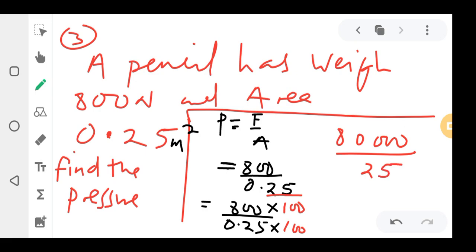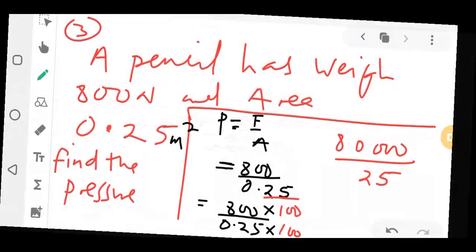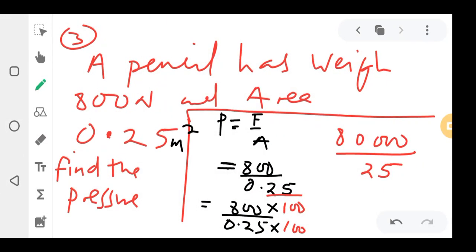Okay, how many times does 25 go into it? We can even use 5 so we don't have problems. 5 into 25, it is 5. Okay, 5 into 8, it goes 1, remainder 3, 5 into 30, it is 6. Okay, so I've got 16,000.